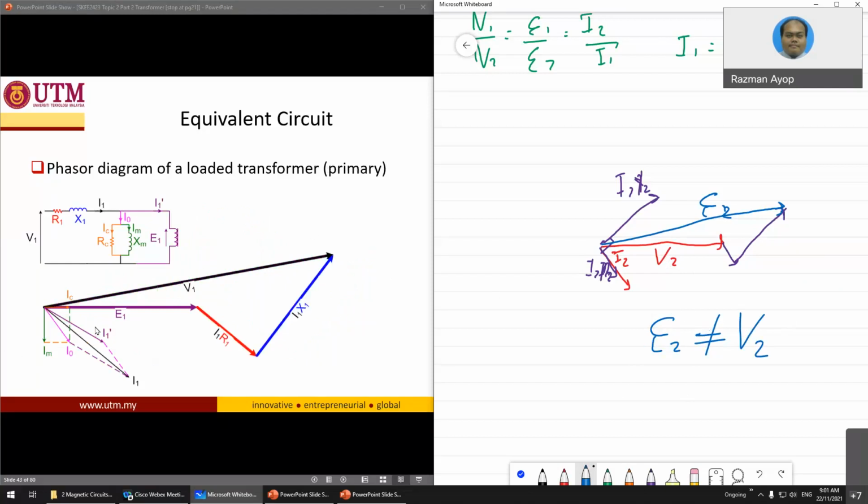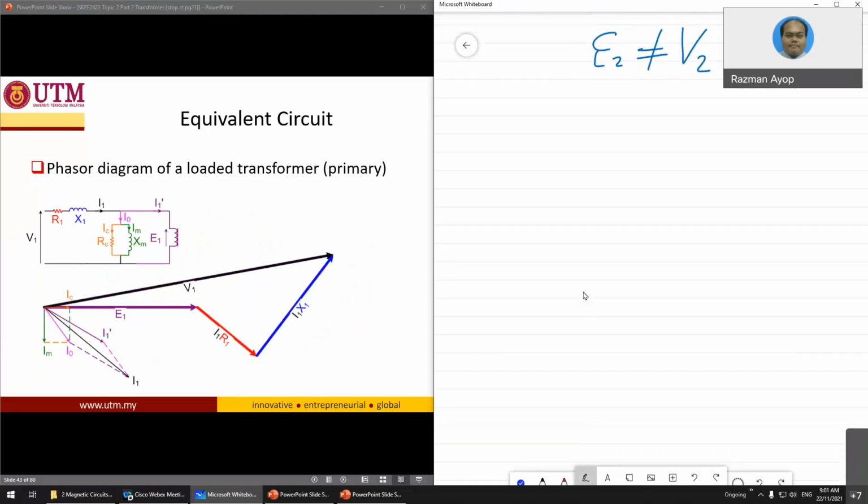Now for the second one, you can see here, you make E1 as a reference. The same thing, assume this one is a lagging power factor I1.